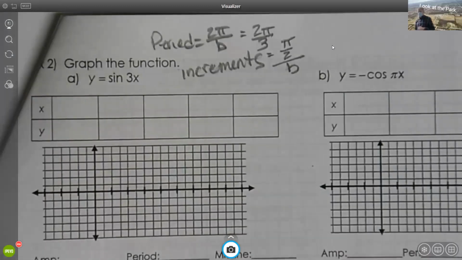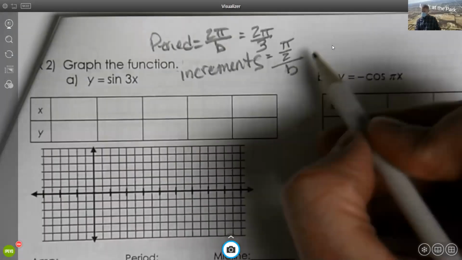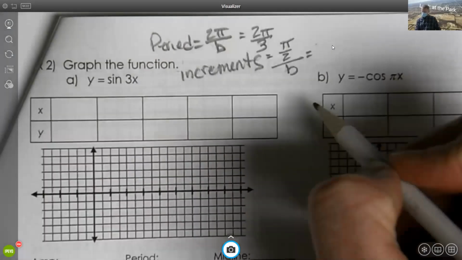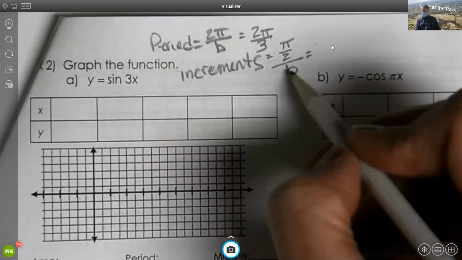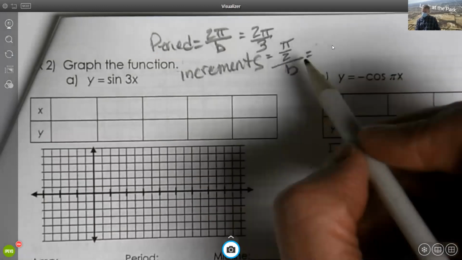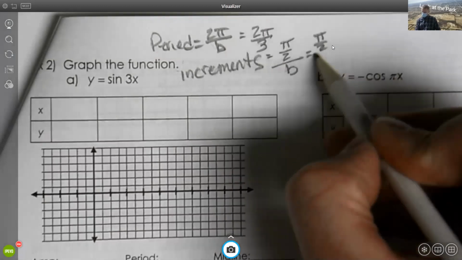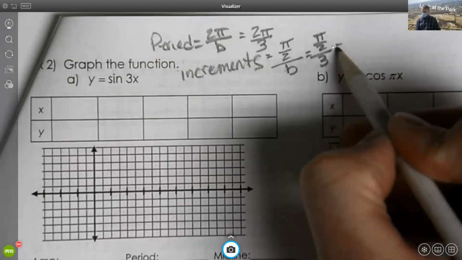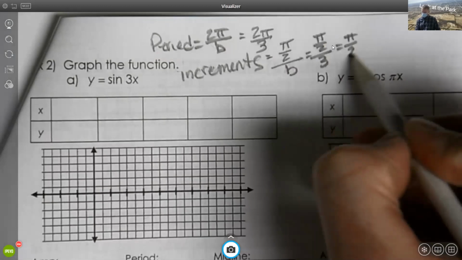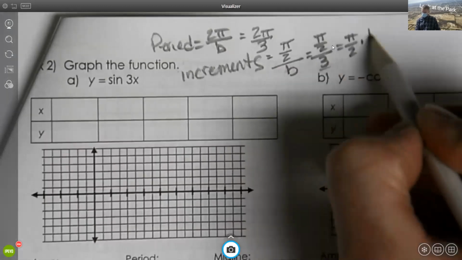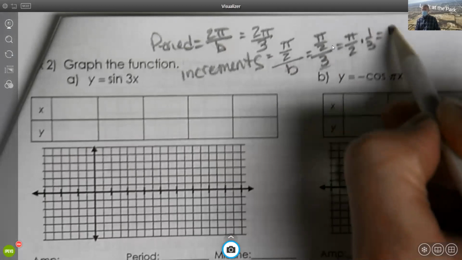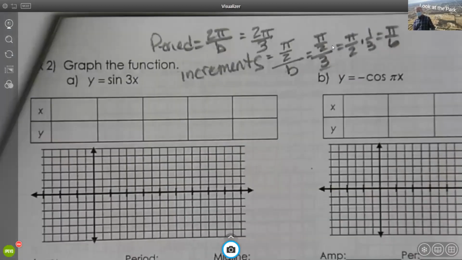Those are our increments. So our b value is a 3. So we have pi over 2 divided by 3. We're going to call that pi over 2 times 1/3. So our increments go by pi over 6.